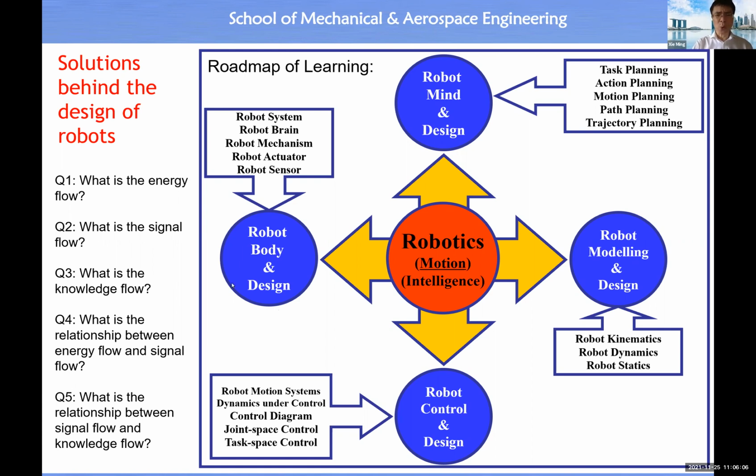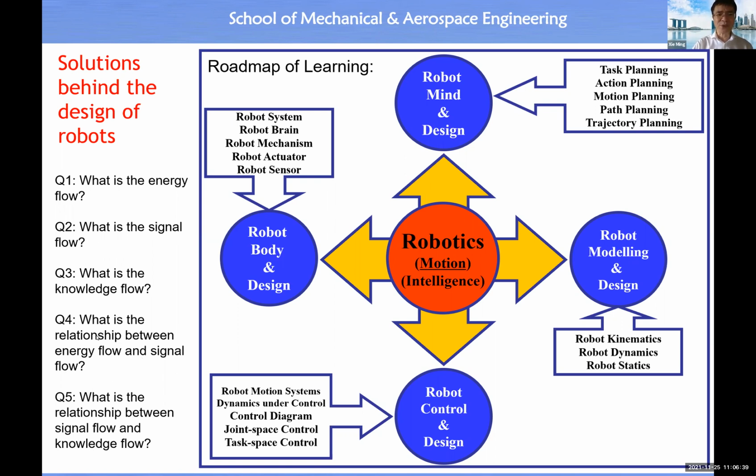Once you engage in the project of designing a robot's body, systematically you should be able to answer these 5 questions. Question number 1, what is the energy flow inside the body of your robot? Question 2, what is the signal flow inside your robot? Question 3, what is the knowledge flow inside your robot? And question 4, in particular, what is the relationship between energy flow and signal flow?